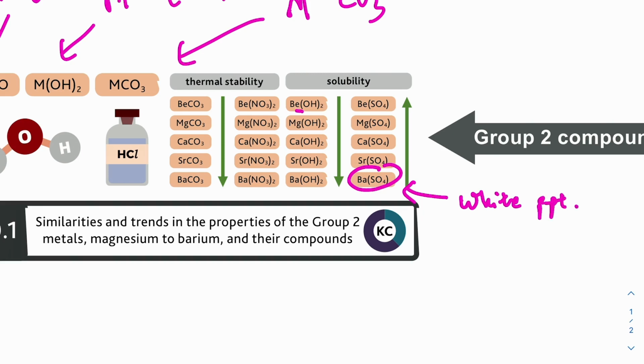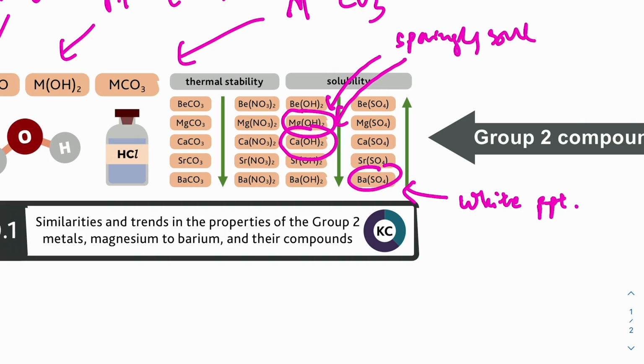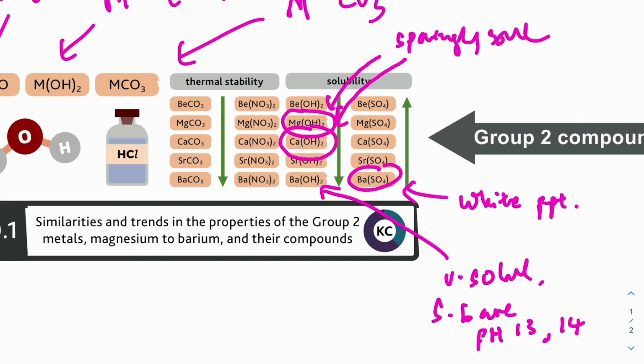And you also know that calcium hydroxide, which is limewater, is sparingly soluble, whereas barium hydroxide is very soluble because it is a strong base, around pH 13 or 14, whereas magnesium hydroxide is around pH 9, because solubility of group 2 hydroxides increases down the group, they become more alkaline.